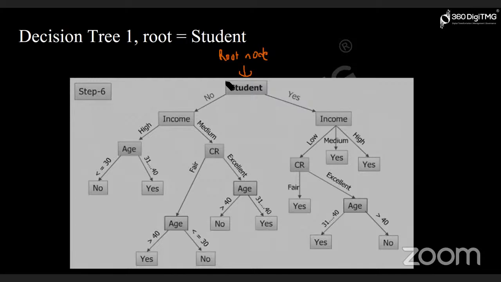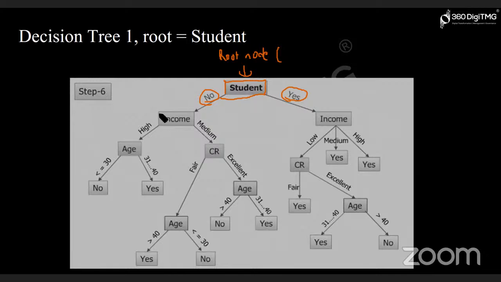Based off of this root node, this attribute has a binary output, yes or no. So based off of that, we split it into 2 separate branches.